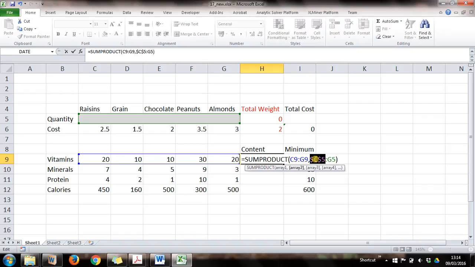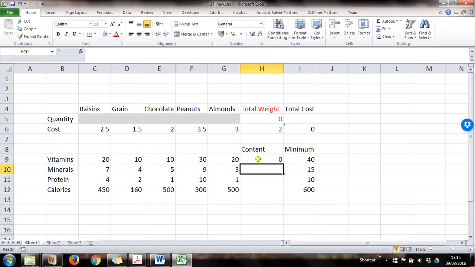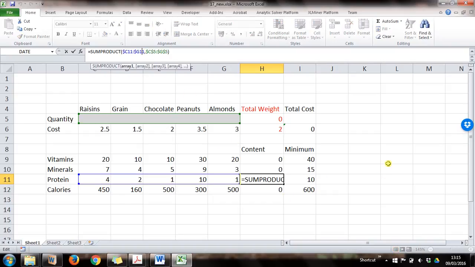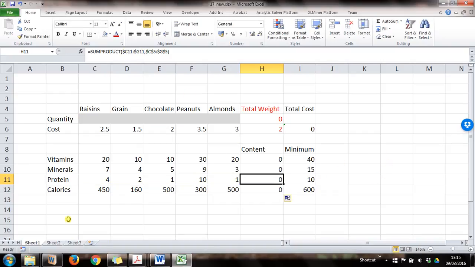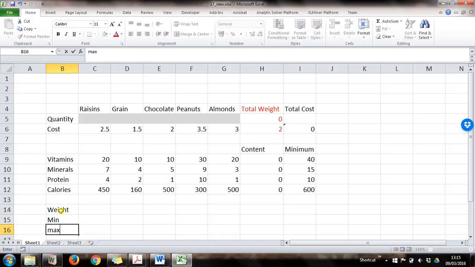To make this constant, I'll use C4, and for this I'll anchor C and G, and extend the formula. Just double check once. Yeah, fine. And then weight, minimum is 0.1, maximum is 1.